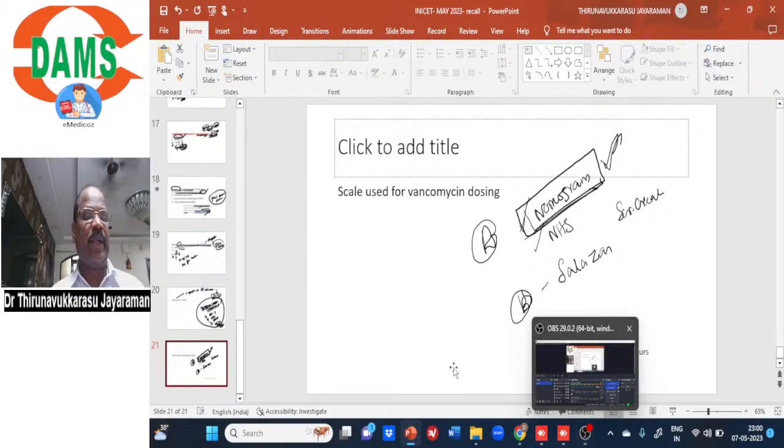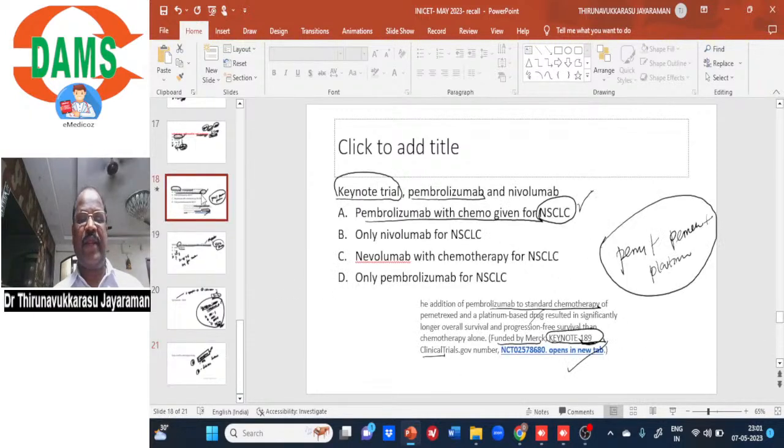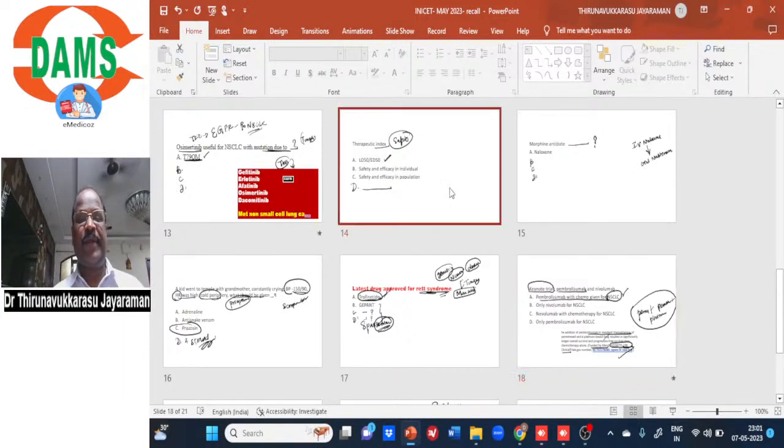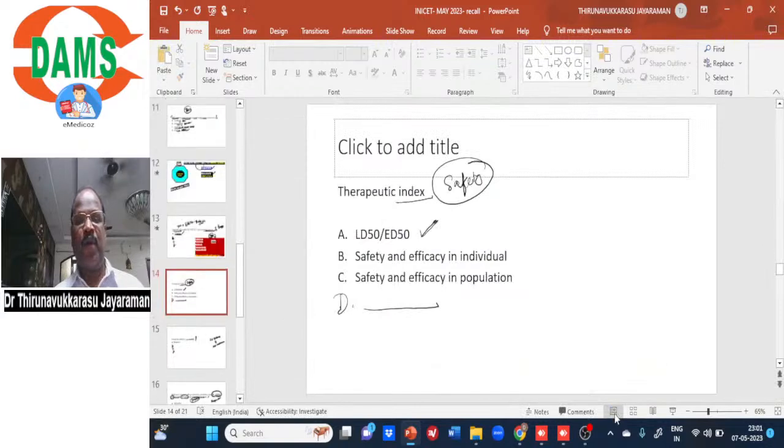Yeah, clinical therapeutic index, true statement: LD50 by ED50. That's the answer. So, Kumar, the therapeutic index question answer is LD50 by ED50. I don't know what the other options are, but the answer is LD50. Okay. Infection resistant to carbapenem.